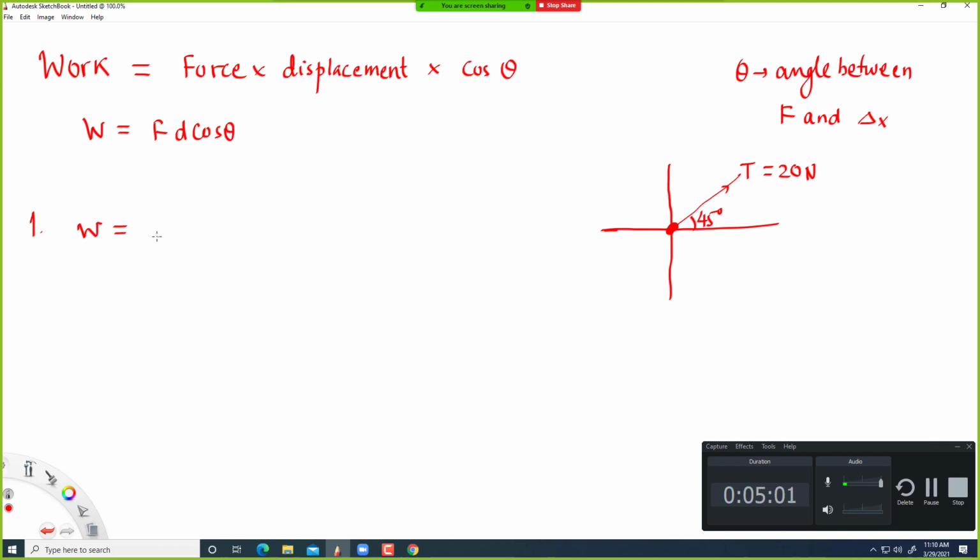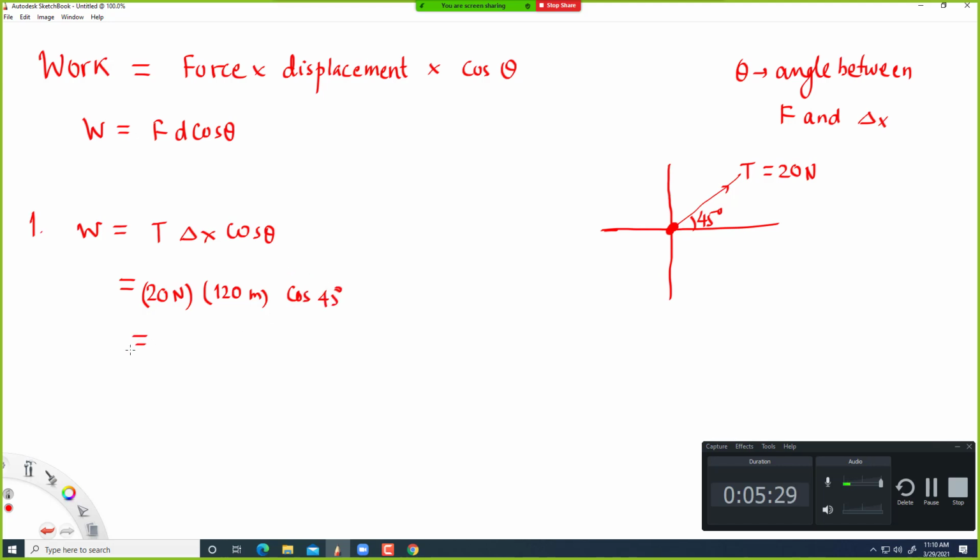So work is force, which in this case is tension, times displacement delta x, times cosine theta. T is 20 newtons, delta x is 120 meters that you pull it, and theta is 45 degrees.